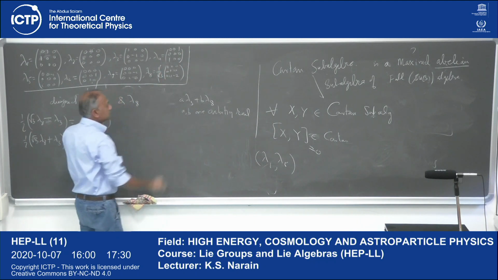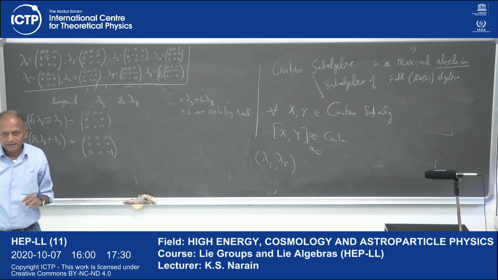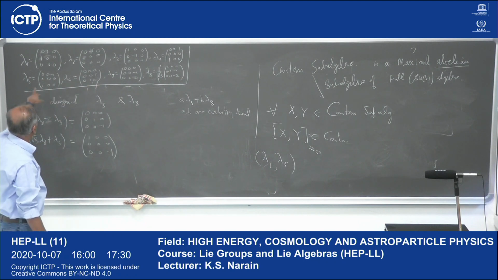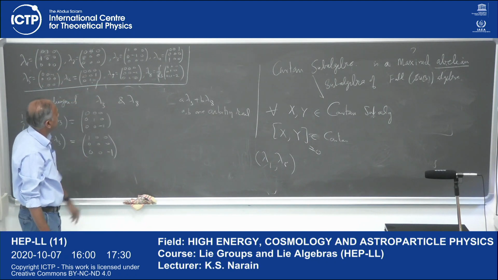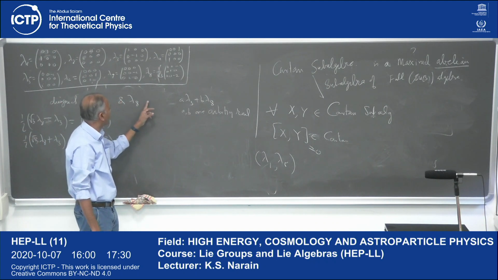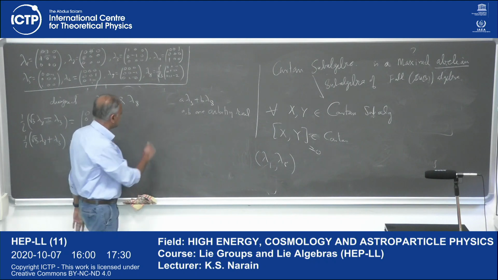So these don't commute. So the conclusion is that no other combination of these remaining 6 generators can commute with this. So I cannot add any more generators here. This is a maximum. So this proves that it's a maximum.